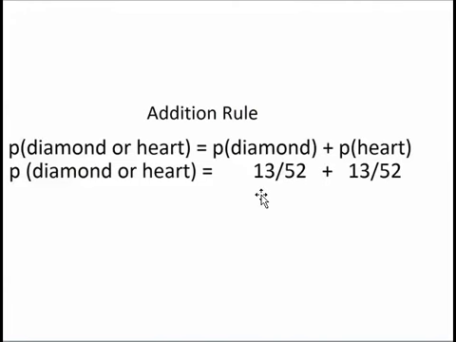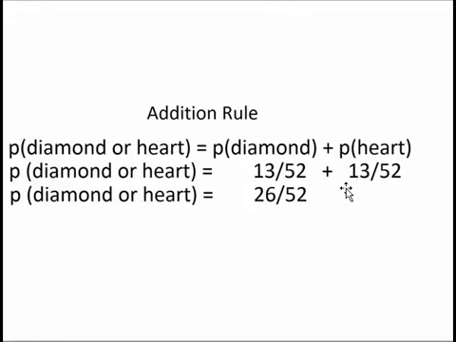And we can add these two fractions by just adding the two numerators, because they both have the same denominator of 52. So 13 plus 13 is 26, and we just put the 26 over 52.